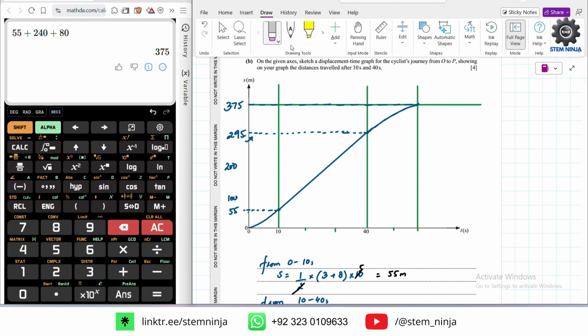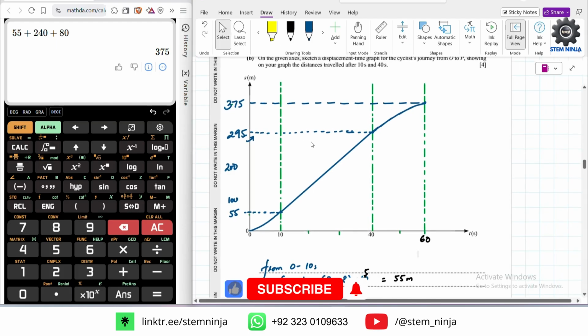Right, and now we can erase this one. Technically the vertical ones will have to be dotted also, so let's make them dotted. That's about it. The final thing I forgot to write over here is 60.